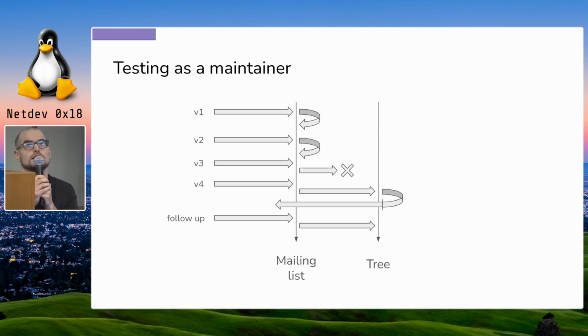So on this slide I put an example of the life cycle of a patch series. We start with version 1, then someone reviews it, then someone sends version 2 to the mailing list, and it gets reviewed again, then version 3, everything looks good, but then the maintainer applies the patches, and it turns out that they don't build, or there's some warning, because we can only check that if we do testing manually once we apply.